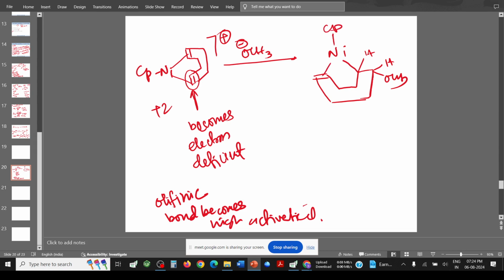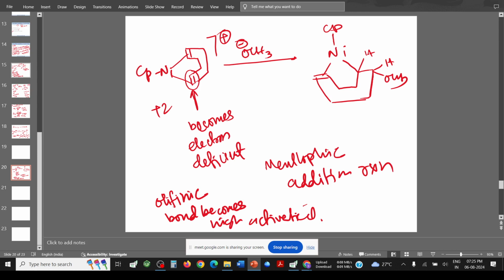Because of this addition of the OCH3, that is a nucleophile, it is called the nucleophilic addition reaction. So nucleophilic addition is also a very good technique to get these metal alkyl complexes.